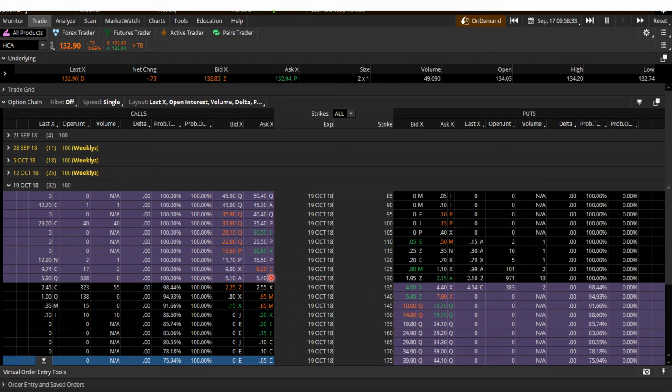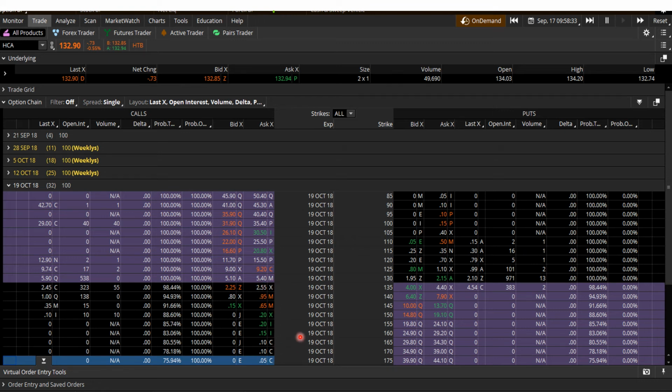The at the money strike is the strike price that's closest to your underlying price. The price here is 132.90, so the at the money strike price is 130. The out of the money is all this area that's non-shaded.